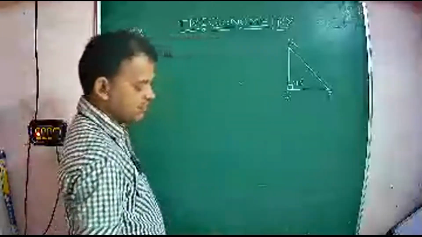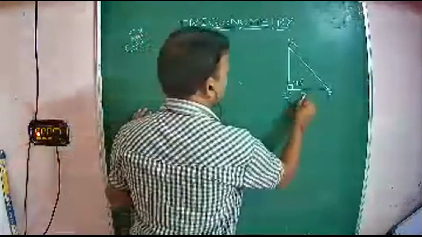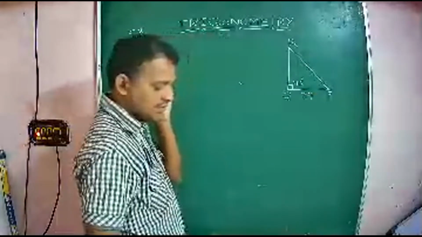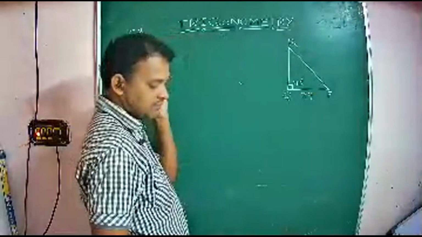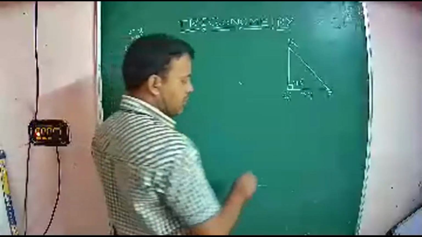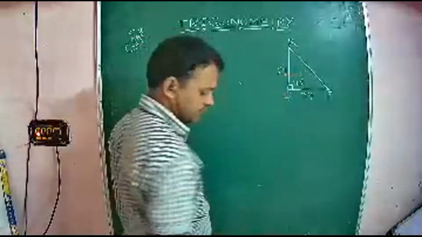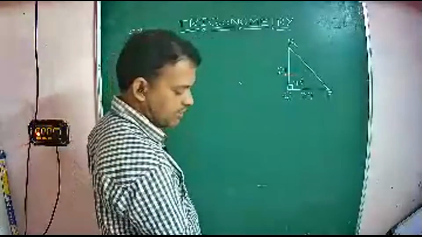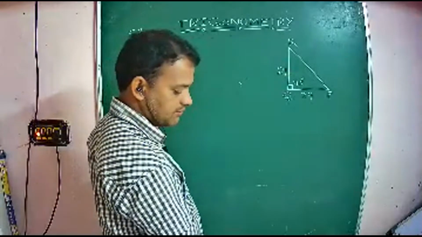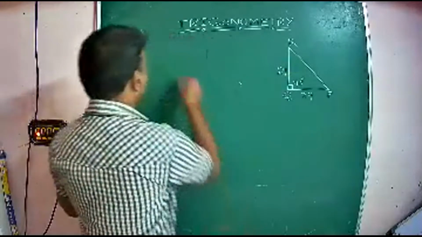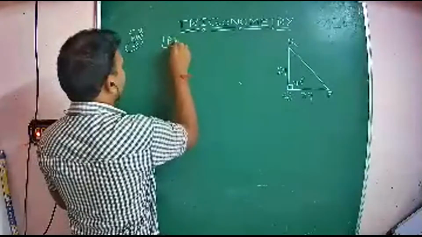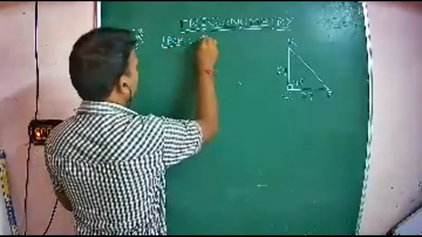Here PQ is equal to 29 and QR is equal to 21. Then angle PQR is equal to theta.